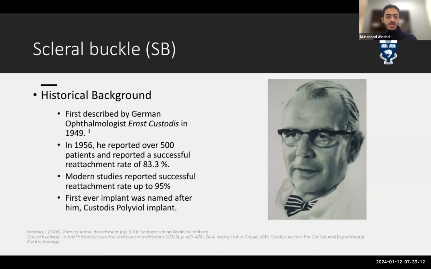After that, over a few years, he reported his case series of over 500 cases with a successful reattachment rate of around 80%. Now, the numbers have significantly improved with the modifications after that, reaching up to 95%. And the first ever implant was named after him.